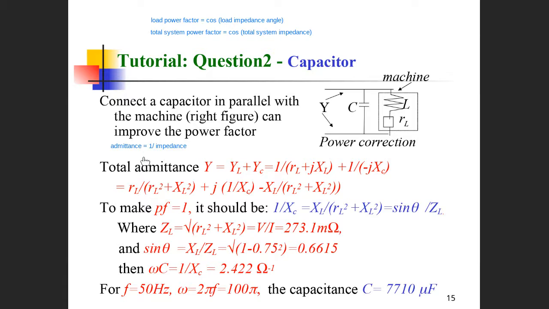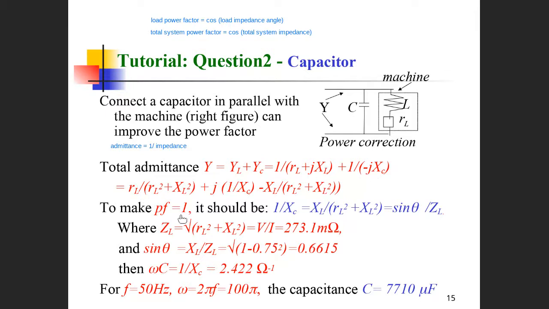Total admittance is the machine's admittance, which is the inductive one, plus the capacitor's. The machine has a resistance and an inductive reactance, and the capacitor has a capacitive reactance.